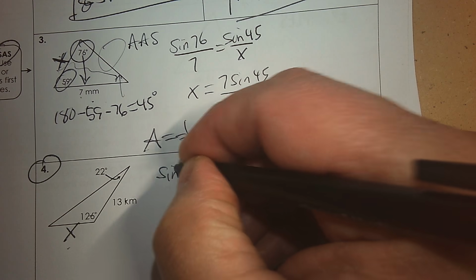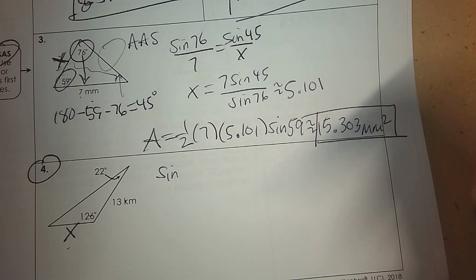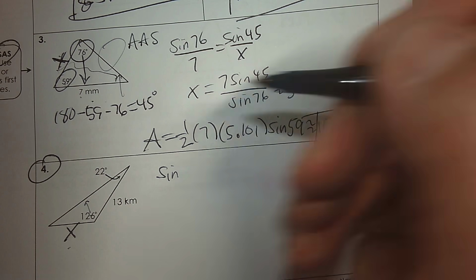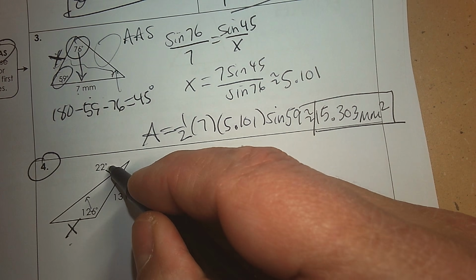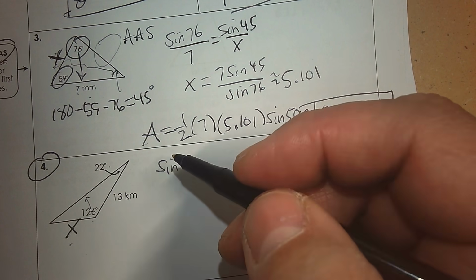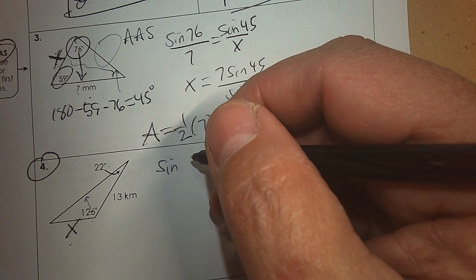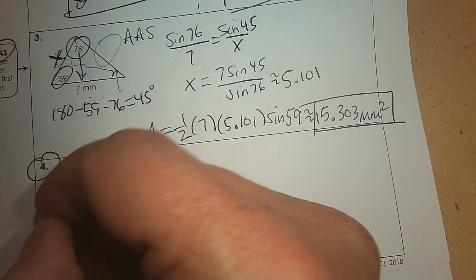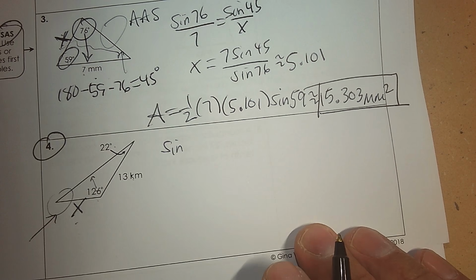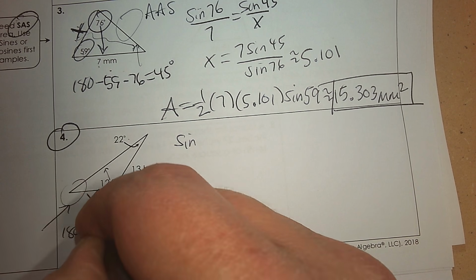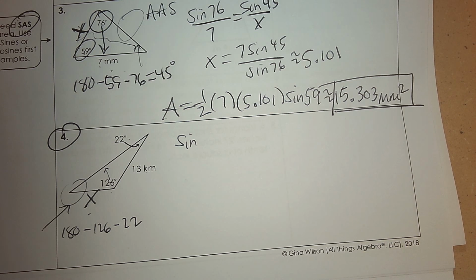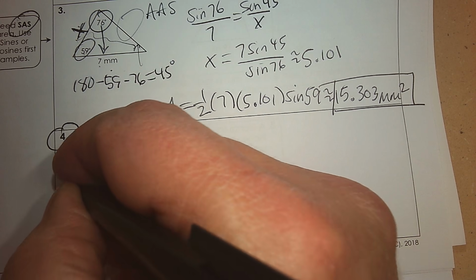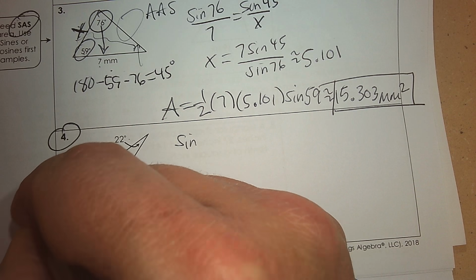So start with what you know. Do I know an angle on its opposite side yet? So we have angle, side, angle. So let's do what we got. We can find this angle here, right? So 180, take away 126, take away 22. So that angle is 32 degrees.